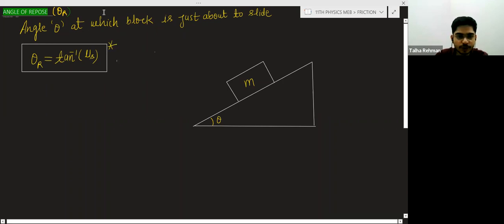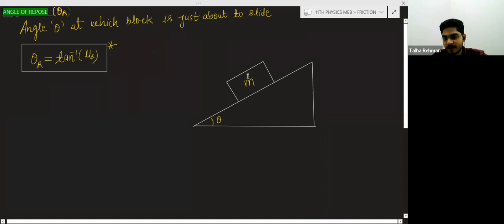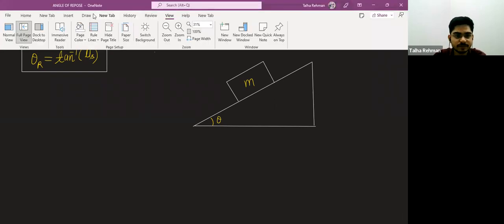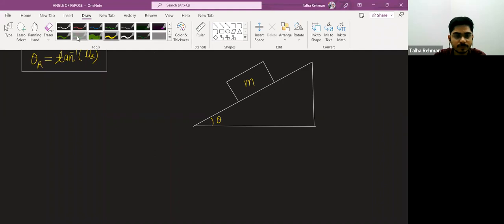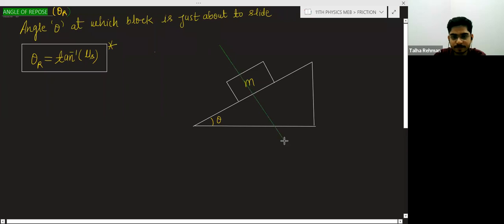Now I have told you we take the component of the weight along the perpendicular to the inclined surface and along the inclined surface. We take two axes, one perpendicular to the inclined plane and another parallel to the inclined plane.